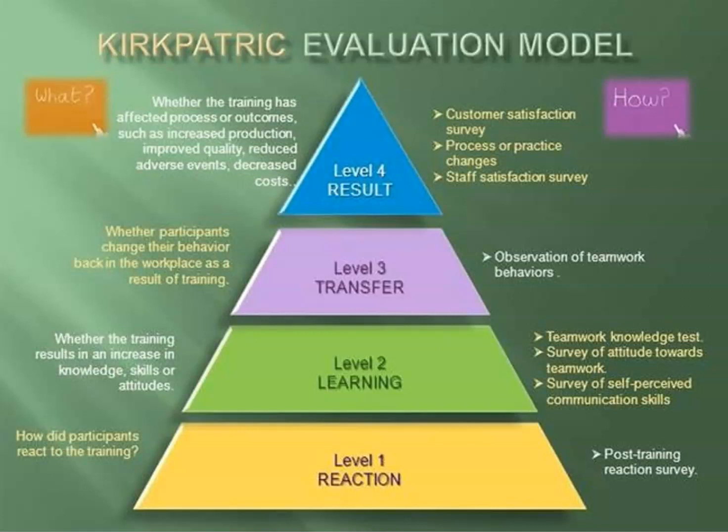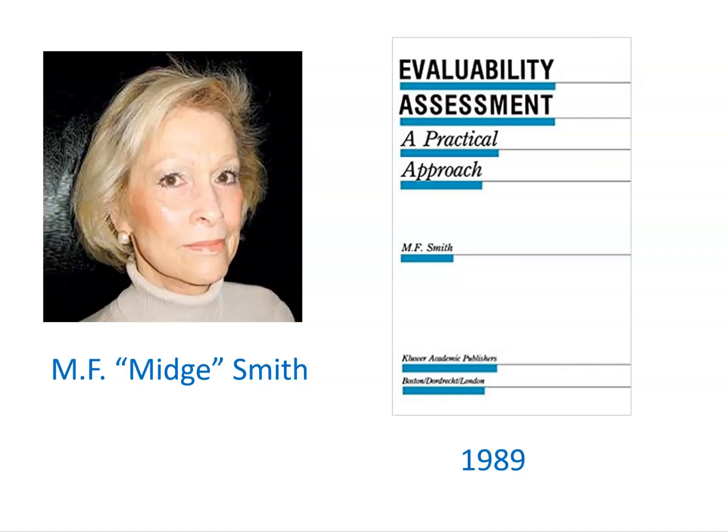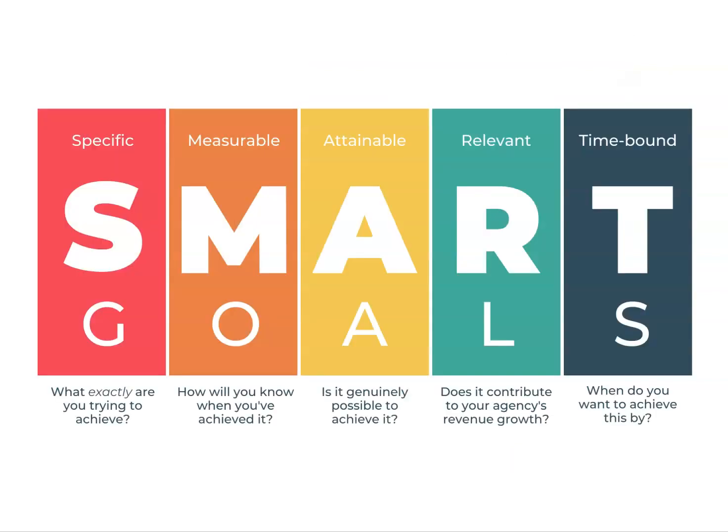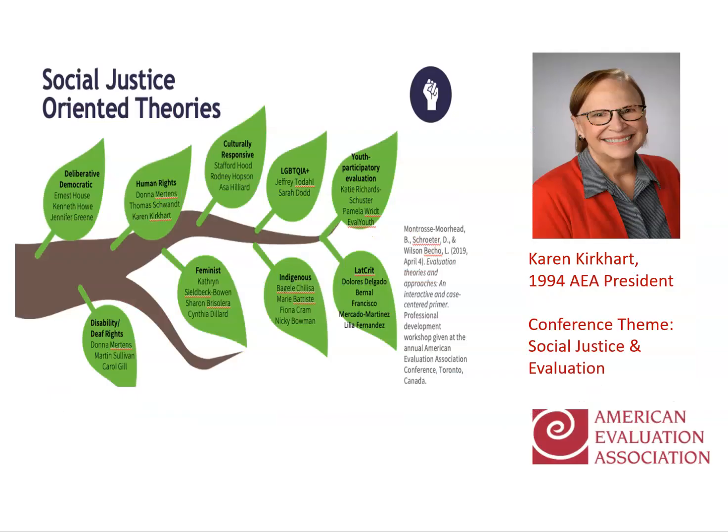The Kirkpatrick training model is a technical model for assessing training without attention to the content and values of that training. Evaluability assessment, likewise, treats evaluation as a technical matter of getting the logic and the outcomes well specified and working to be sure that the work is planned and the plan is followed. SMART goals are not explicitly value-based.